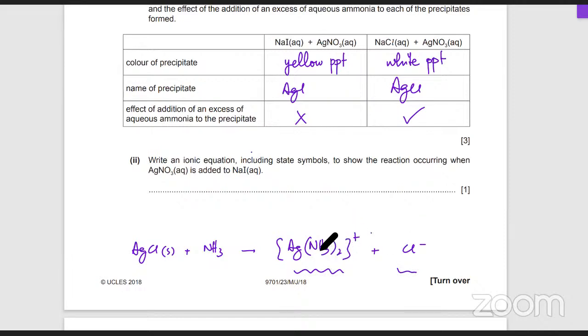Complexes are not in your course, but you have to remember this one. Silver ions will dissolve in ammonia, and the ammonia molecules, because of the lone pairs, will get attracted to the positive silver ions and surround it. So that's how AgCl dissolves. He's not asking for the equation, but remember this equation.